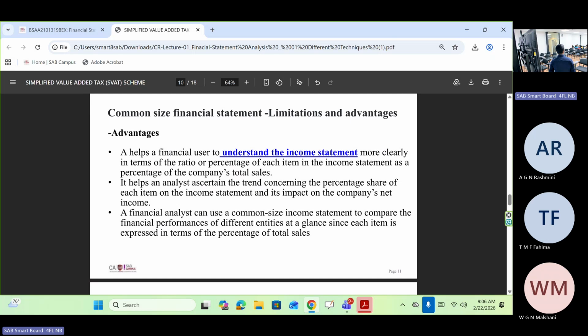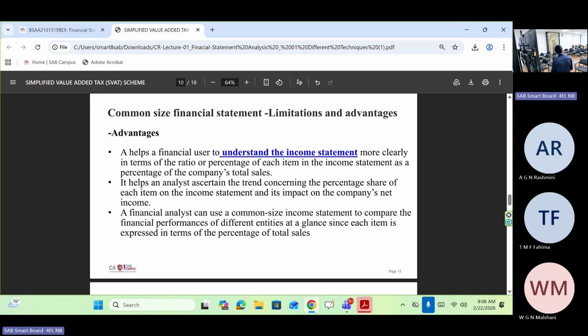So these are the advantages of common size financial statements. You can easily understand the trend of the numbers as a percentage. Financial analysts can use a common size income statement to compare the financial performance of different entities at a glance. At a glance, in a very short period, you can quickly understand numbers. That's the main benefit of the common size financial statement. Right, I hope it is clear.